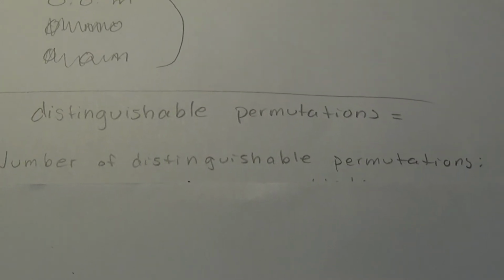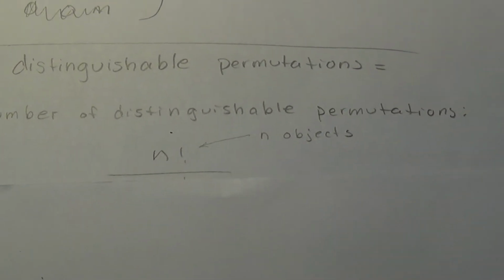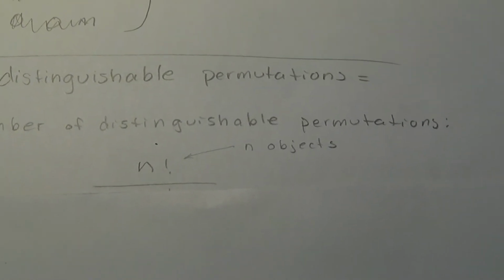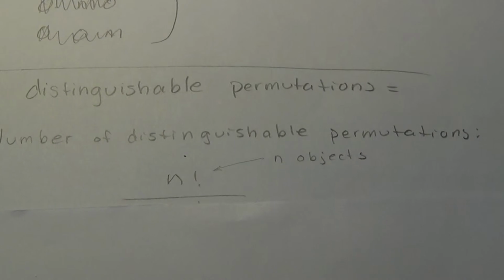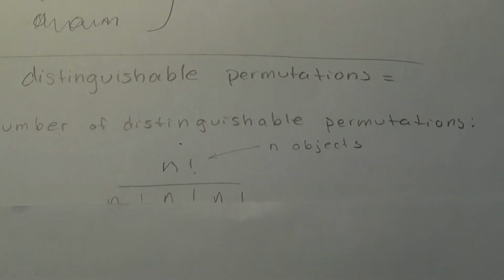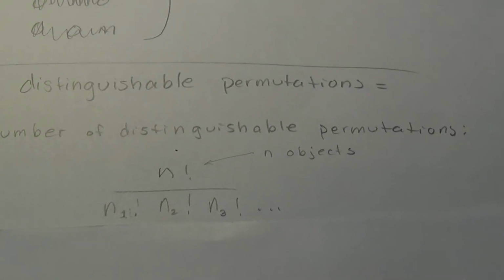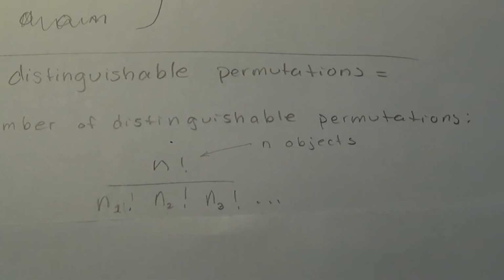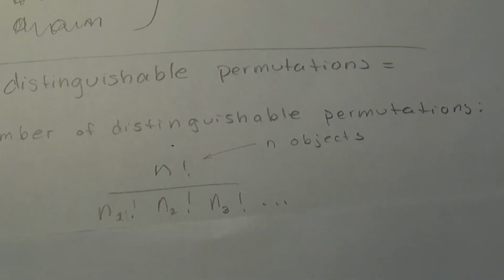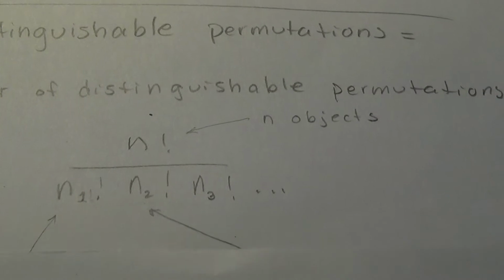The number of distinguishable permutations follows this formula. In the numerator, it's n factorial, where n is how many objects, in this case 3 letters. In the denominator, we divide by n sub 1 factorial times n sub 2 factorial, times n sub 3 factorial, etc., depending on how many different repetitions we have.